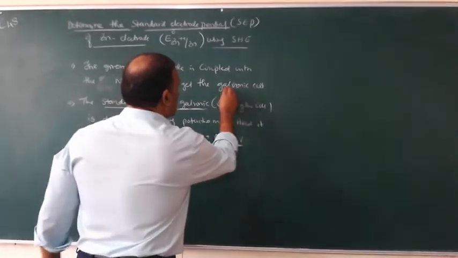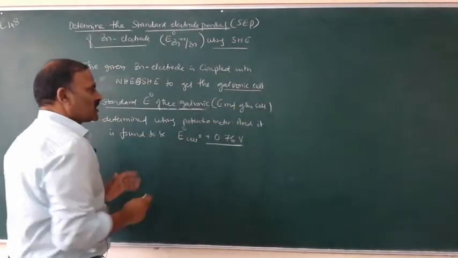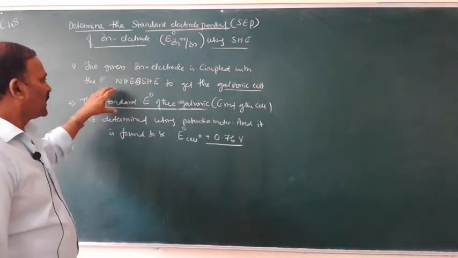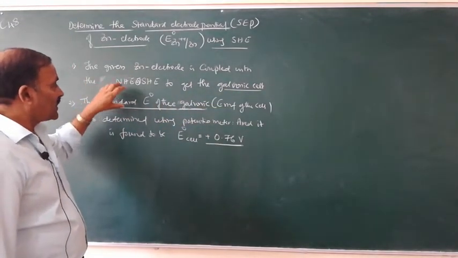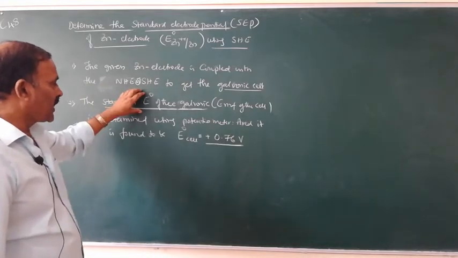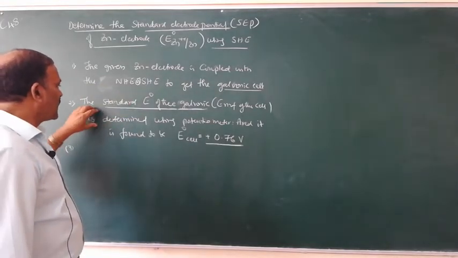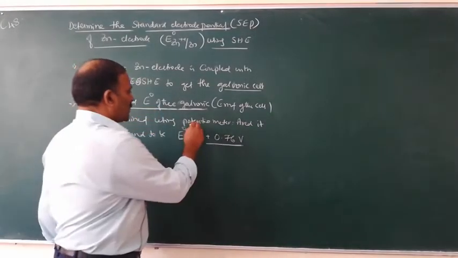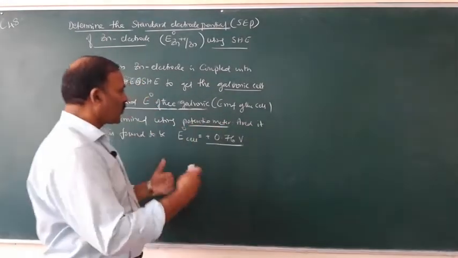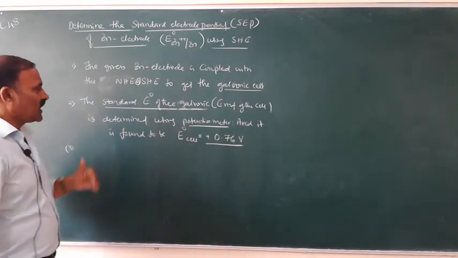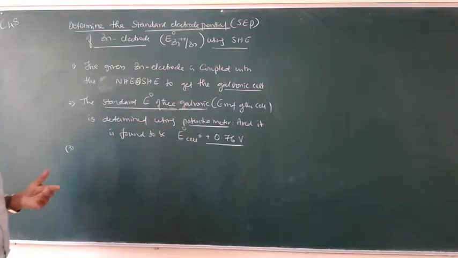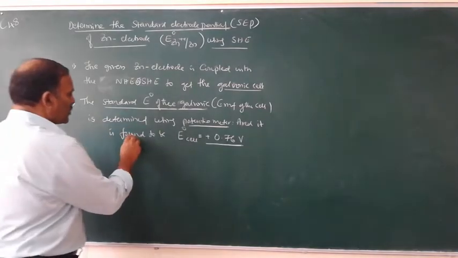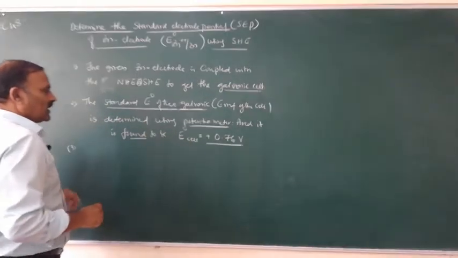When two electrodes of different electrode potentials are connected, we will get a galvanic cell. The EMF of the galvanic cell so obtained is determined using potentiometer, that is E naught.